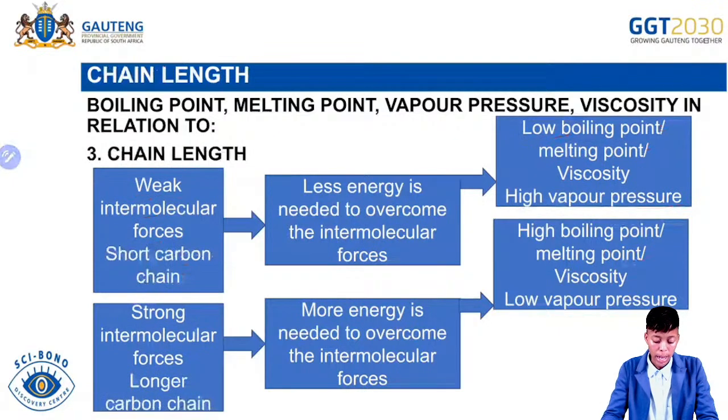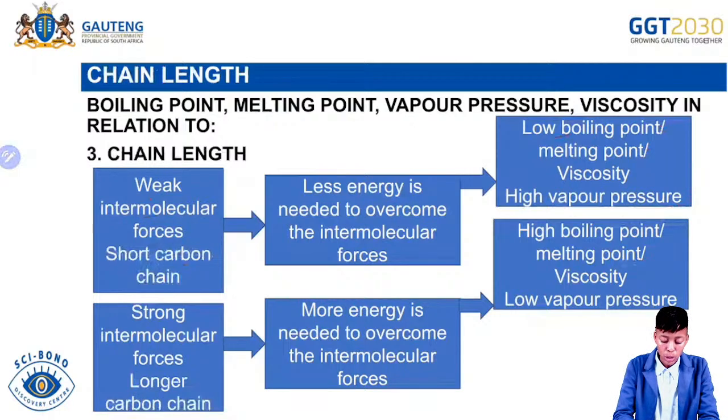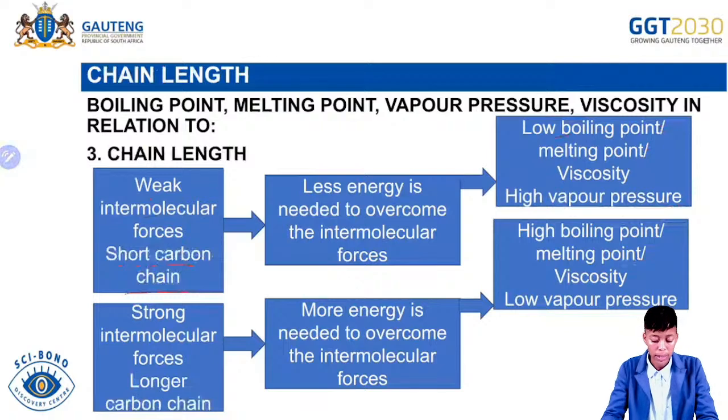Then we have the chain length. If we have a short carbon chain, for example, maybe you have 2 carbons as compared to a longer chain. For it to be longer, it has to have 3 carbons or more, so maybe this one can have 4 carbons.